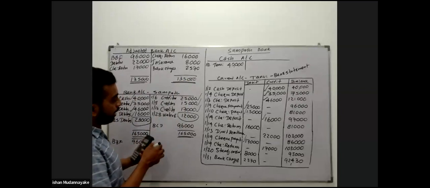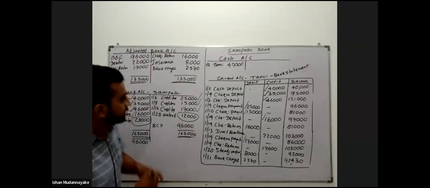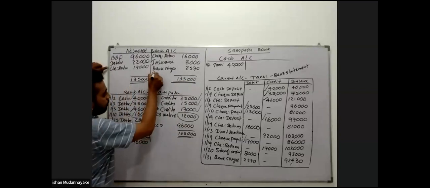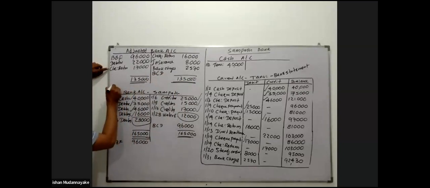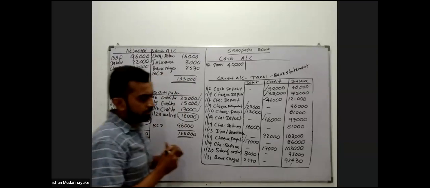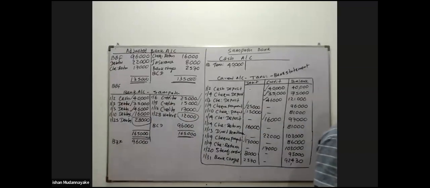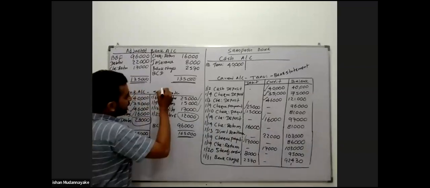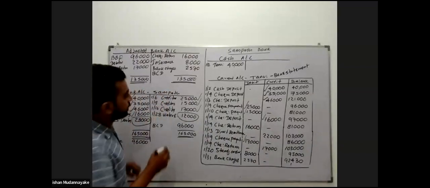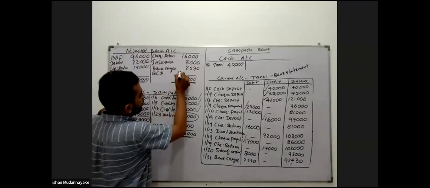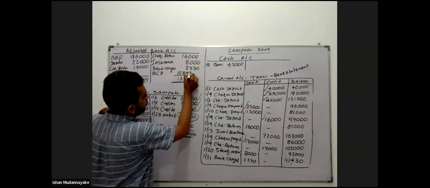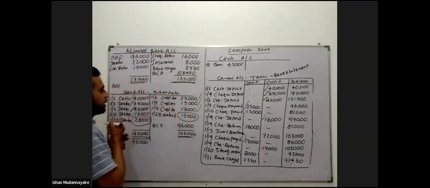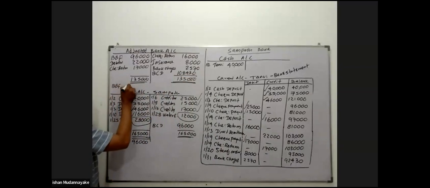Balance carried down, how much? 108,430. Yes, 108,430. Then my balance carried down is 108,430, and balance brought forward is 108,430.